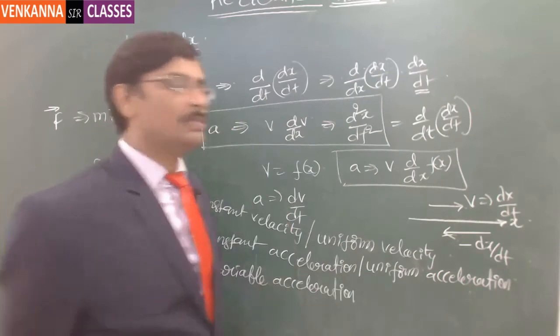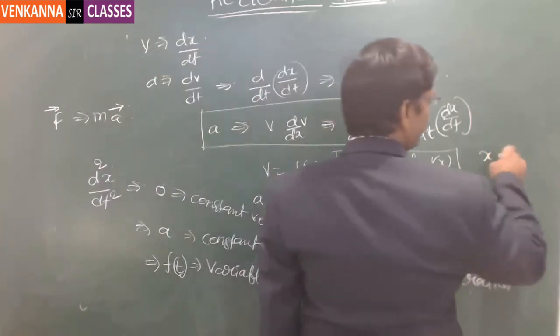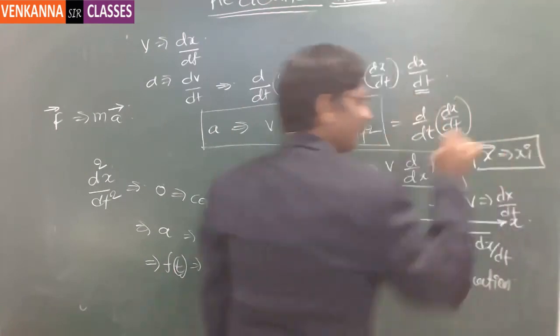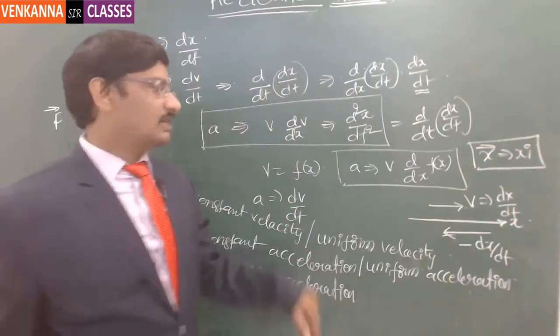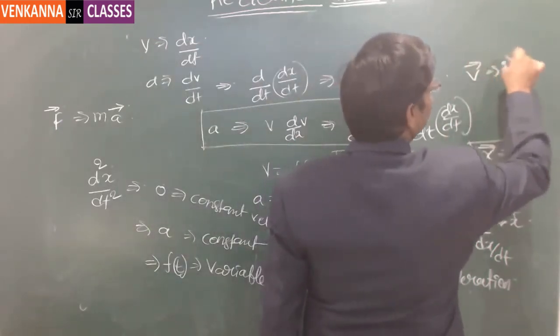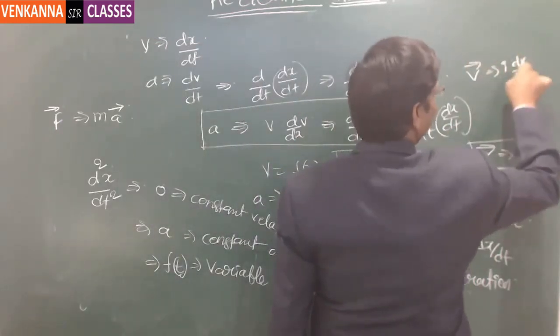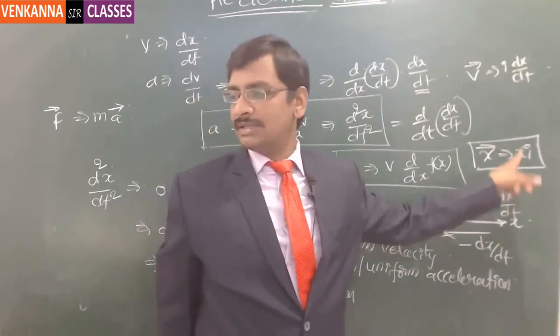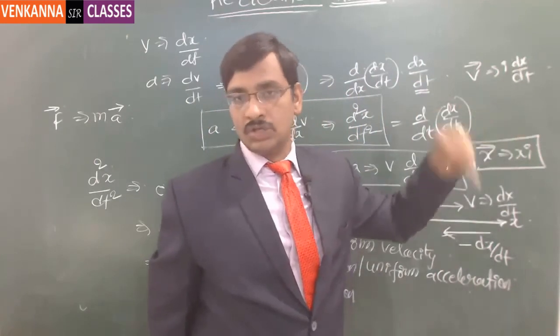In vector form, the x vector is nothing but x i, where i is a constant unit vector. The velocity vector is i times dx by dt. That means whatever the direction of x is, the velocity direction is also the same.